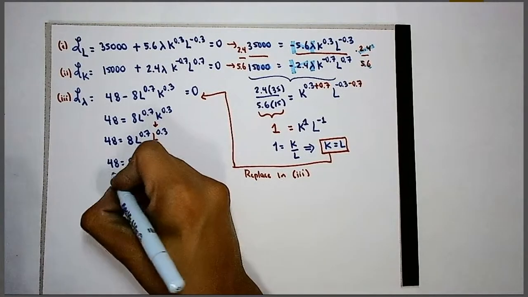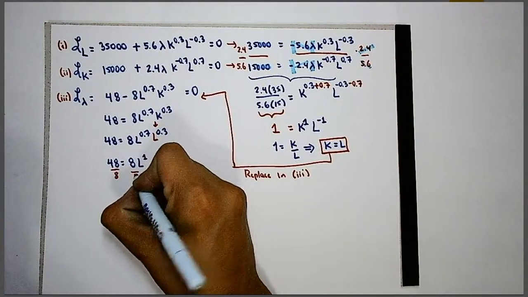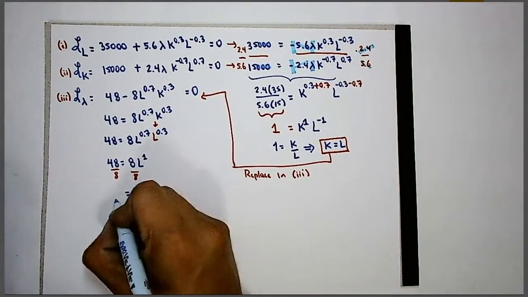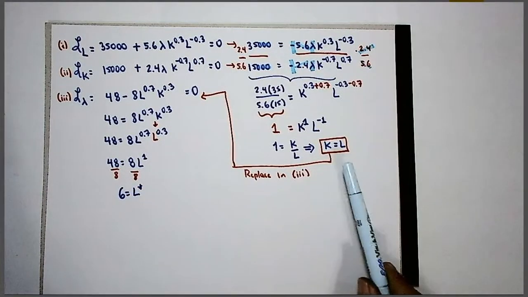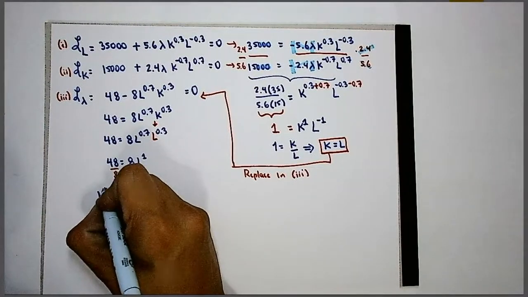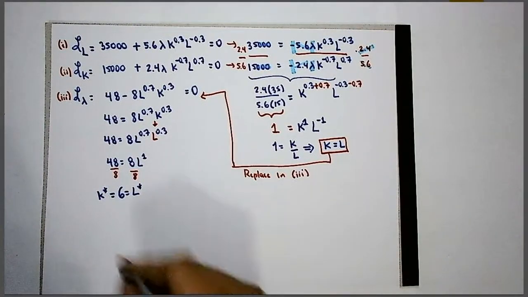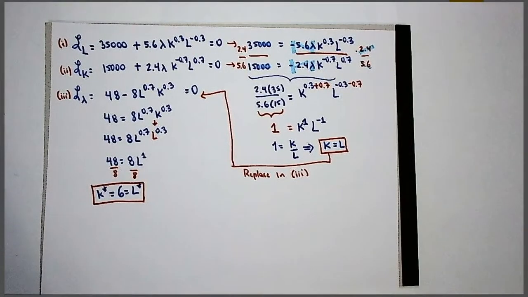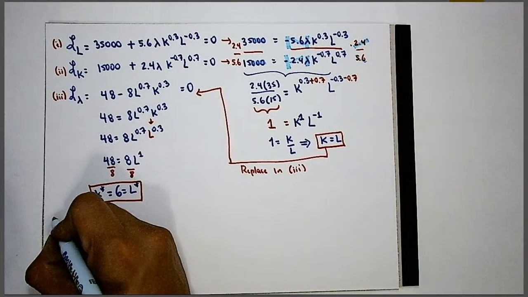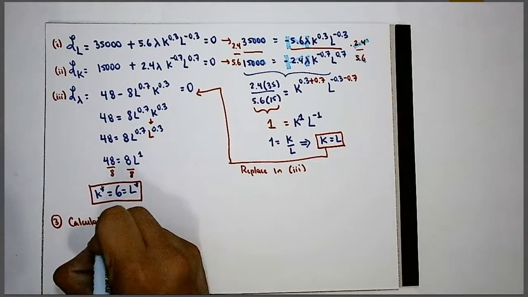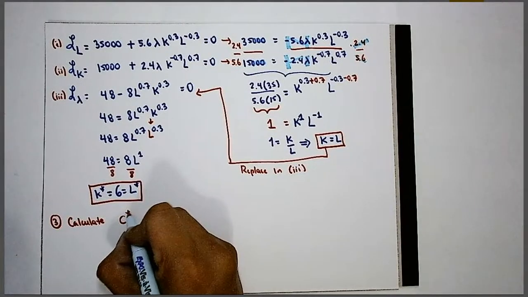Let's divide everything by 8. This means that the optimal value for L is equal to 6. And because L is equal to K, K is also equal to 6. So this is our optimal combination of inputs. And then the final step is to calculate the optimal cost.